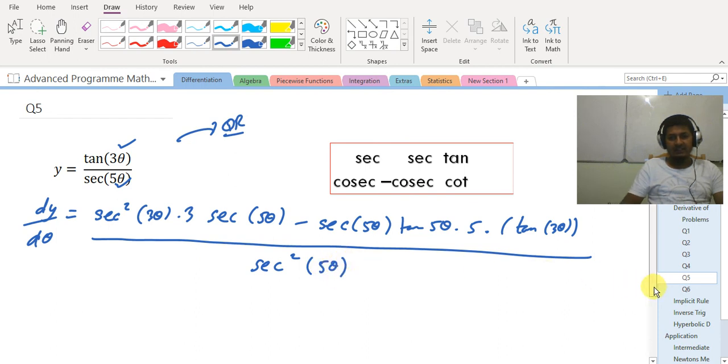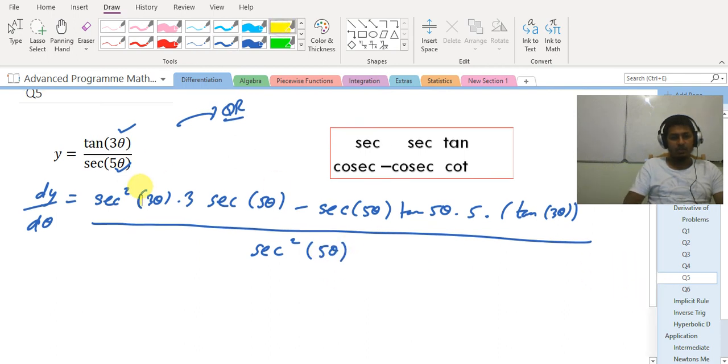I can see some like terms here, and you can go and simplify. What we have is a common factor of sec 5θ on top, where sec 5θ there, right? And you can go and take out one sec 5θ from here, so this one disappears, and you should have some neat answer there, right?